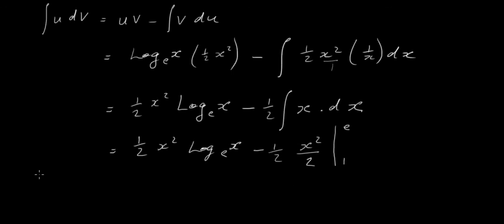So what you end up with is, I'm just going to squash it in here a little bit. You've got half, you've got an e squared here. Then you've got log e to the base e, that's just simply going to be 1.